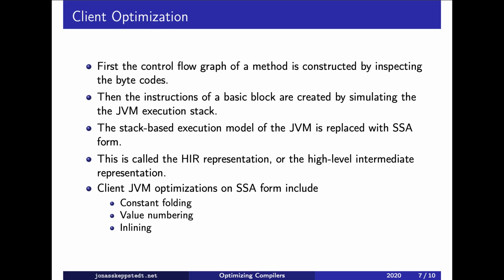Okay, so what does the client JVM do? It does, for instance, constant folding, value numbering, and inlining. But many optimizations that we have studied in this course are not done.